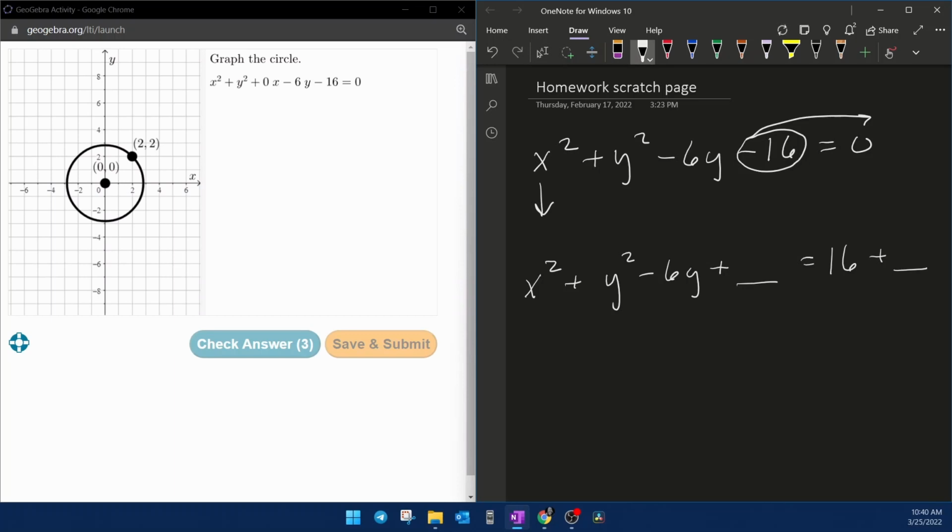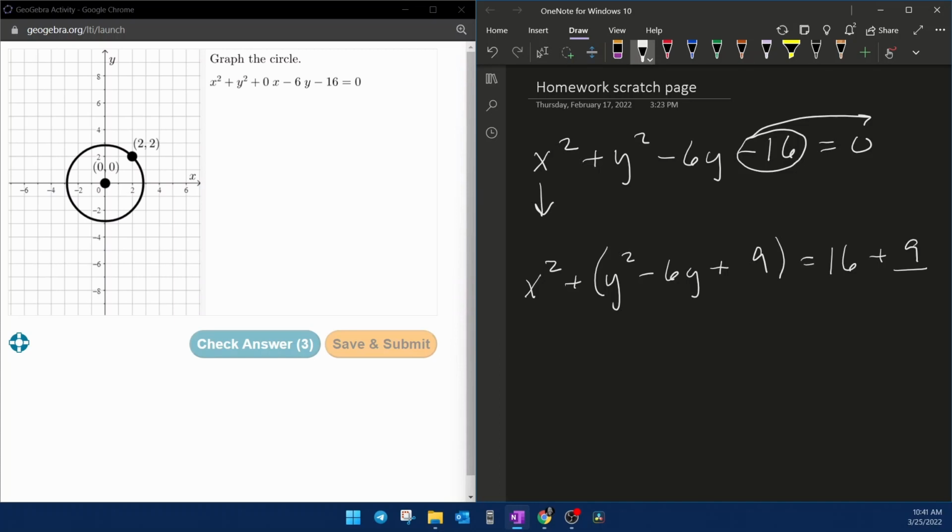Now then, if you remember completing the square, we're going to take half of the coefficient of y. Half of negative 6 is negative 3. That number gets squared, and that completes the square. Again, we need to add the 9 to both sides, and then we can factor.